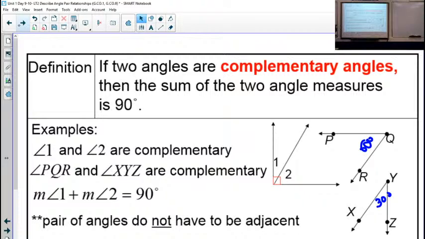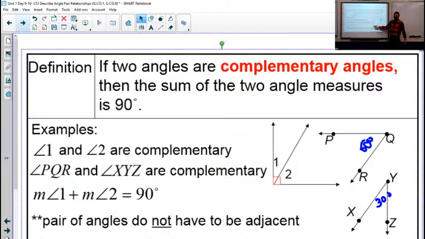So sum, remember, means addition. So complementary angles are 2 angles whose measurements add to 90 degrees. So these 2 angles are complementary because if I add them together, this one's 60 and this one's 30, if I add those together, they make 90. Angle 1 and angle 2 are complementary because if I take these 2 angles and put them together, then they make a right angle, which is 90 degrees.